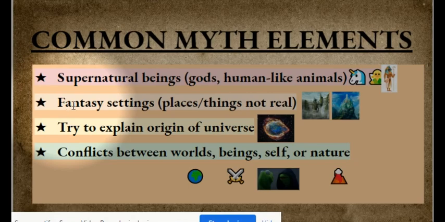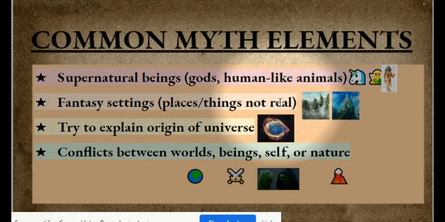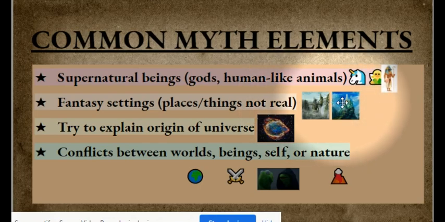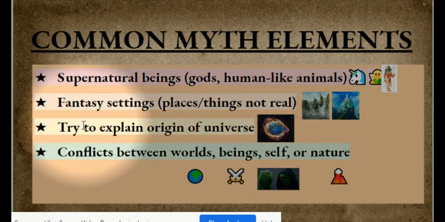Next, you'll have a fantasy setting. So places and things that are not real. So you might have a fantasy kingdom in the sky, or you might see a character deep underground in hell or something like that. Places or things that you cannot see in the real world, okay?